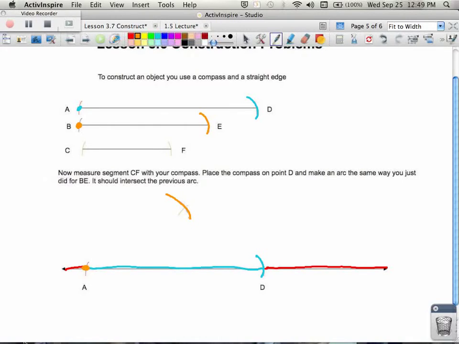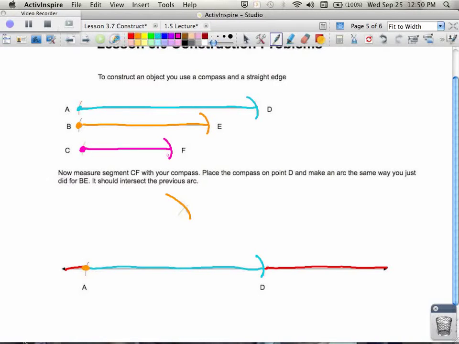My next step, because now I know that BE is this length in orange and AD is this length in light blue, I'm going to go to my final segment and put my compass point on C.